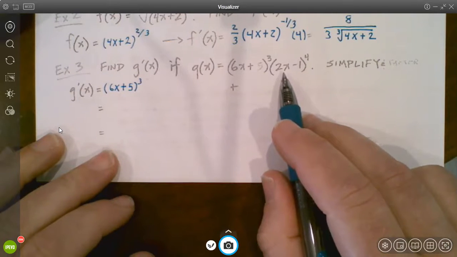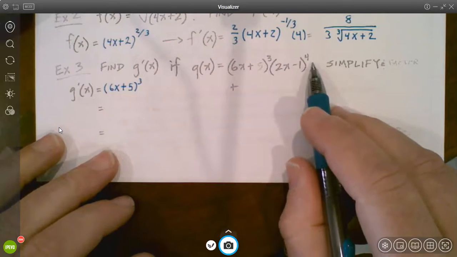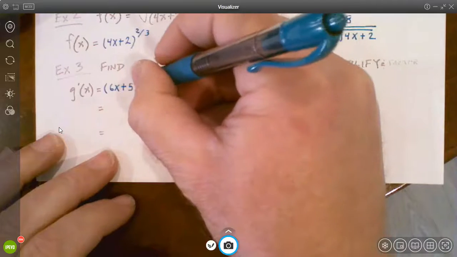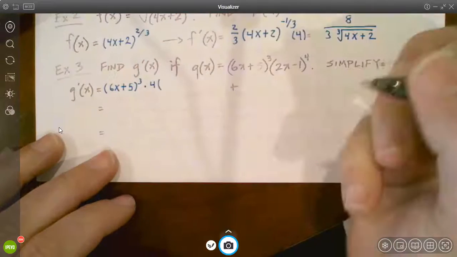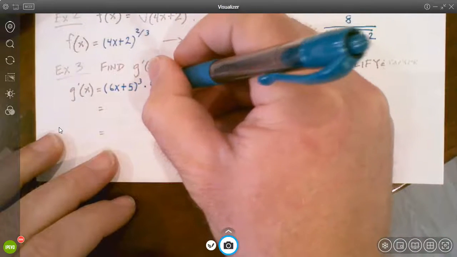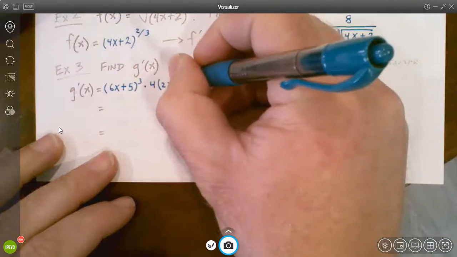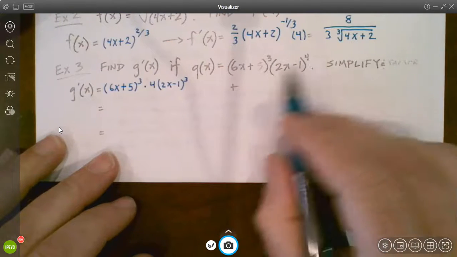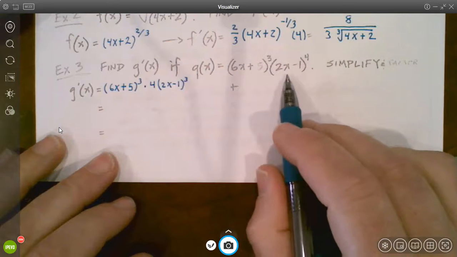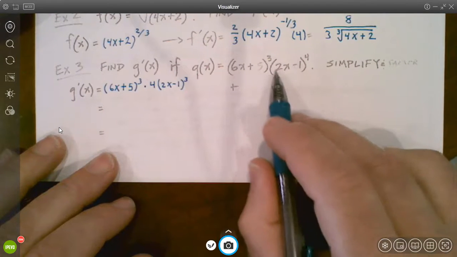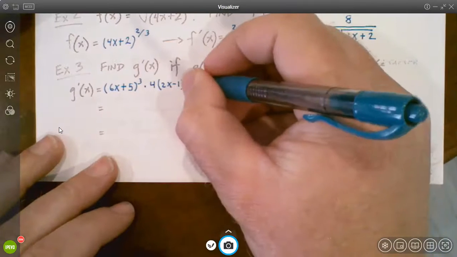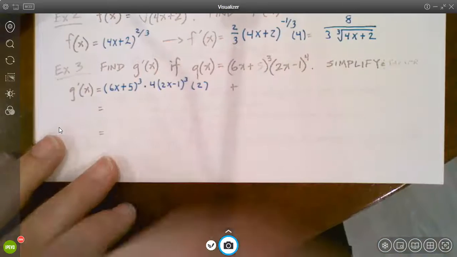So when I go to do the derivative of this term, again, we're going to start by multiplying that 4 to the front. Leave the interior alone. Drop the exponent down to a 3. So we multiply that to the front, left the interior alone, but now we have to multiply by the derivative of that interior function, which is 2.